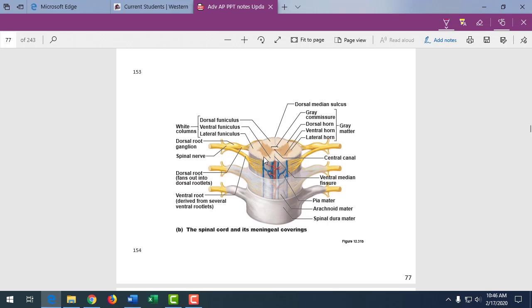So we look at the spinal cord then. The spinal cord has white matter around the edges, and that's myelinated axons. So we call those tracts. Myelinated axons are bundled into little pathways, highways, carrying specific information called tracts. So bundles of myelinated axons in the central nervous system we call a tract.